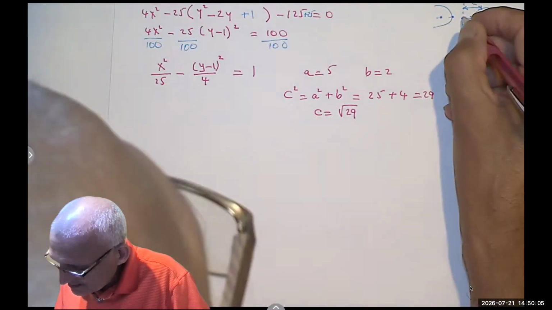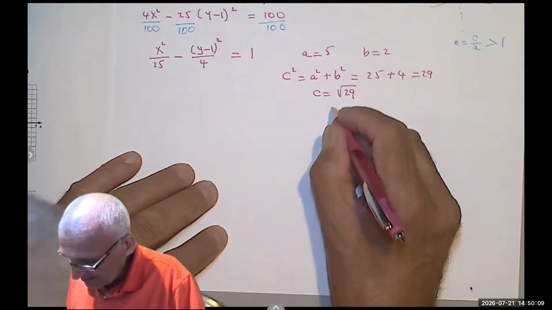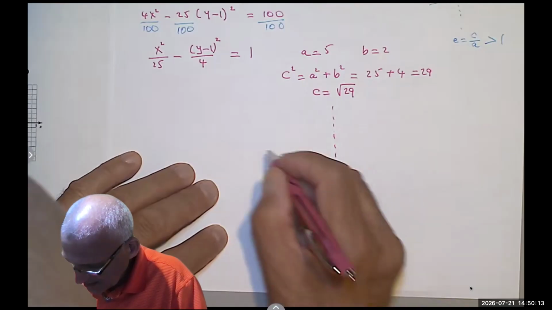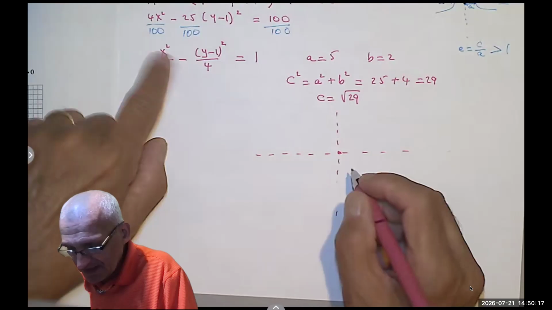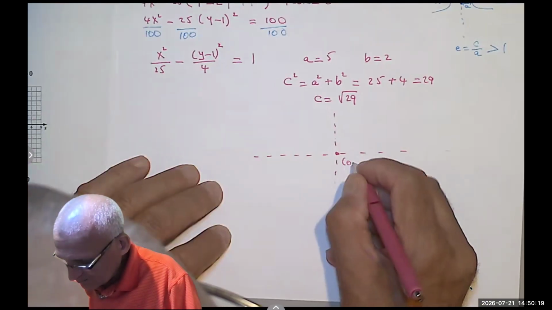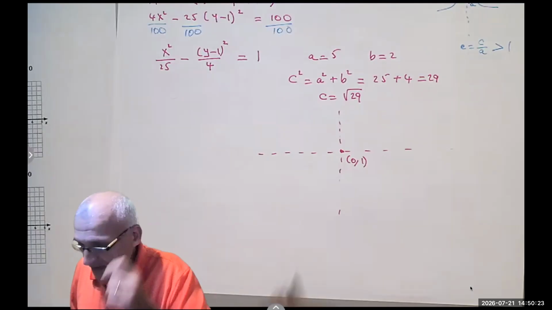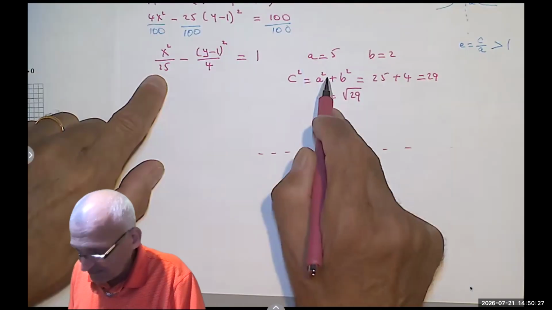Now, this point midway between the vertices, so I have a center. This center is (0, 1). Bear with me. Notice that if a squared is 25, then a is plus or minus 5.